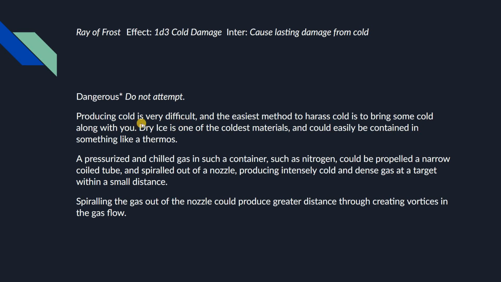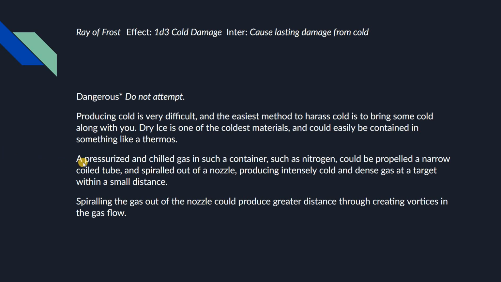So producing cold is actually ridiculously difficult in comparison to producing heat. So the easiest way to harness cold is to bring some cold with you, and so having dry ice in something like a thermos would be very helpful here.